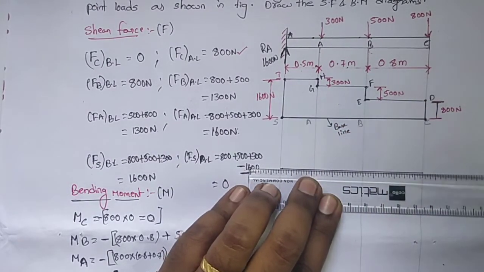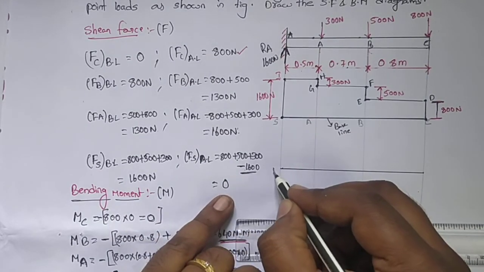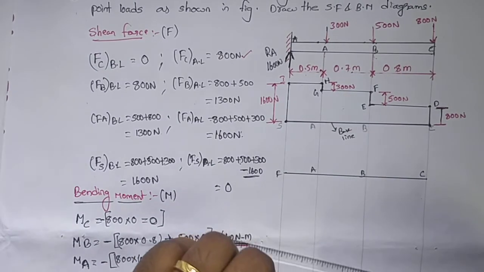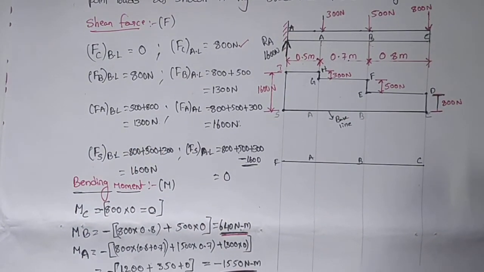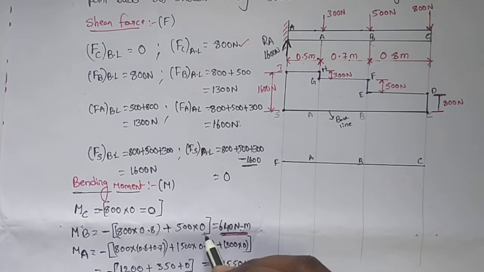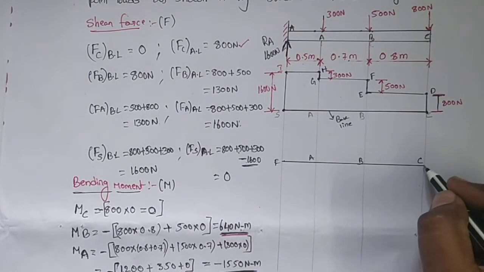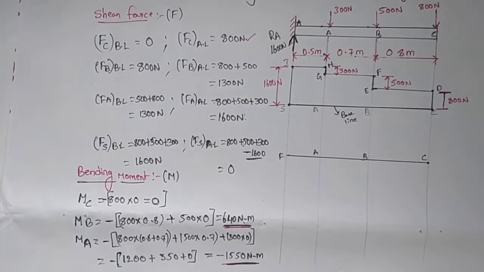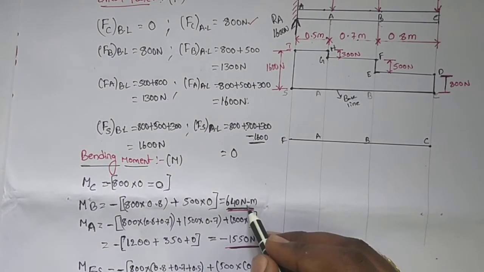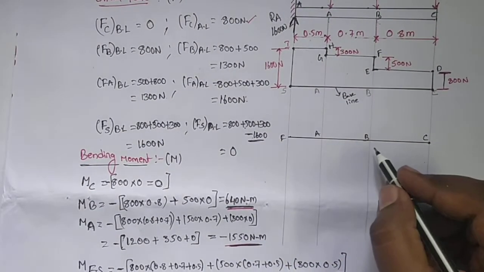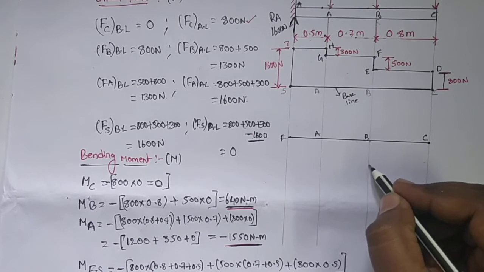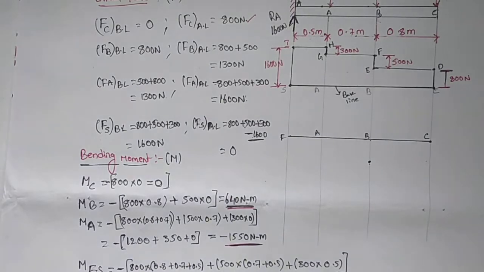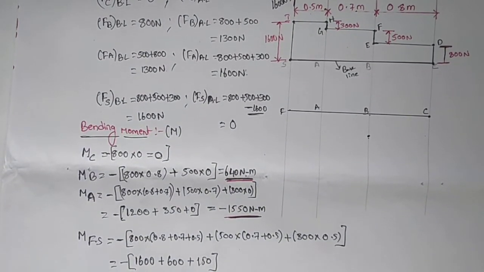Next, give the notation F, A, B, C. Here bending moment at point C is 0. Next, bending moment at point B is 640. That means from here to here, I'm taking one point. Next, bending moment at point A, that is minus 1550.